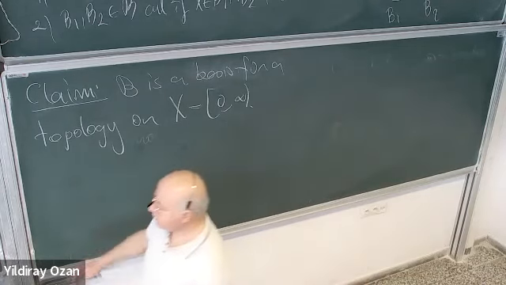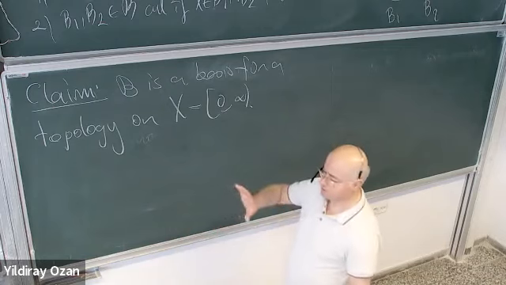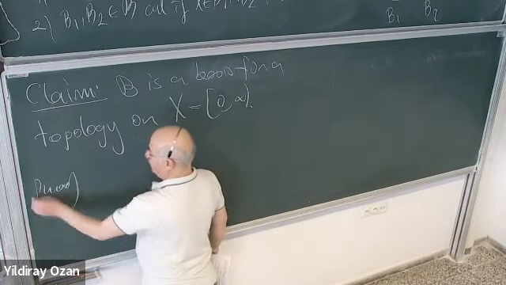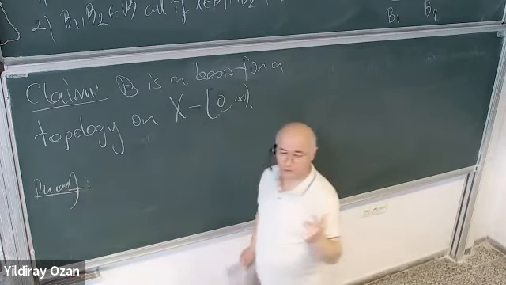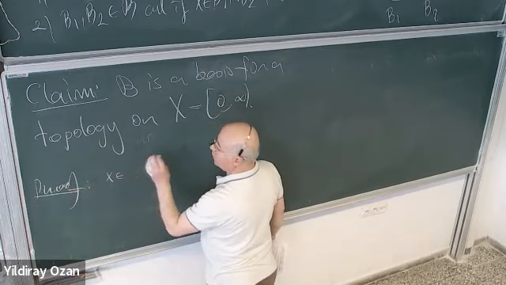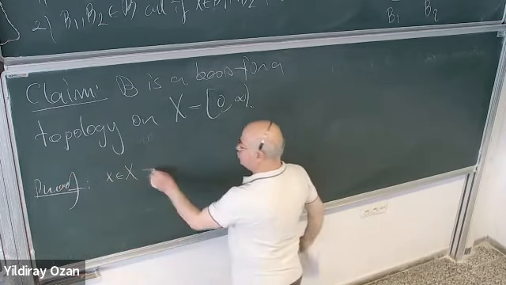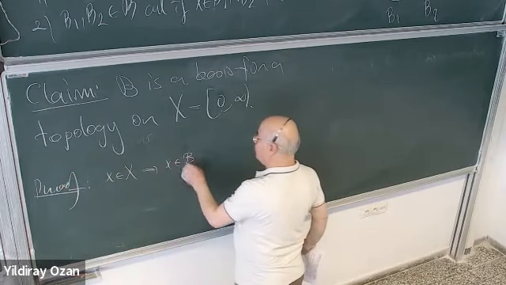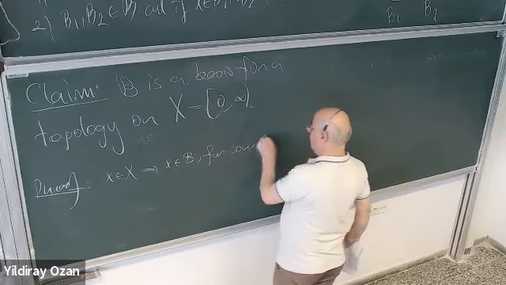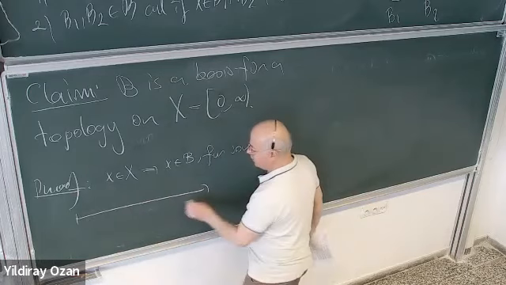How can you prove this? I will not go into details, but just a sketch of proof. So we have to prove two things. Every point in X should be inside some B, right? Well, of course, this is trivially true. Why is that?